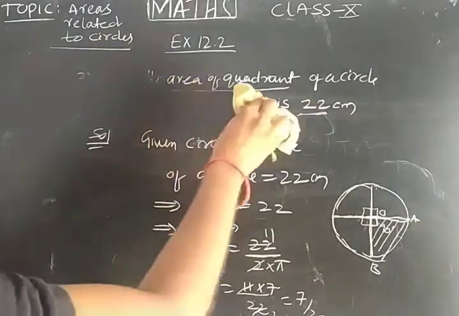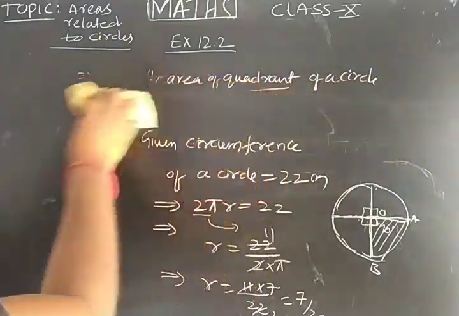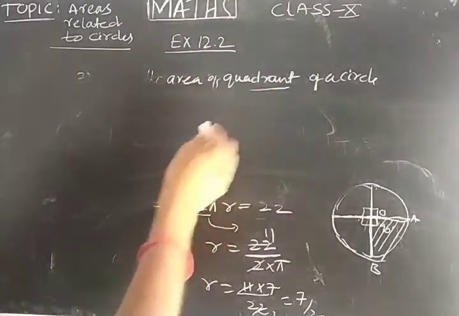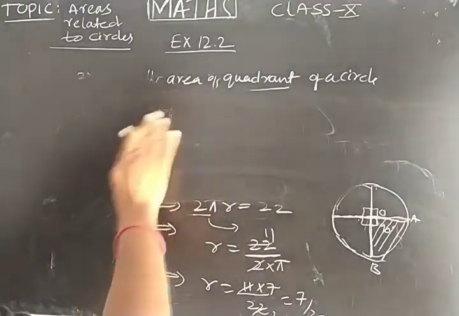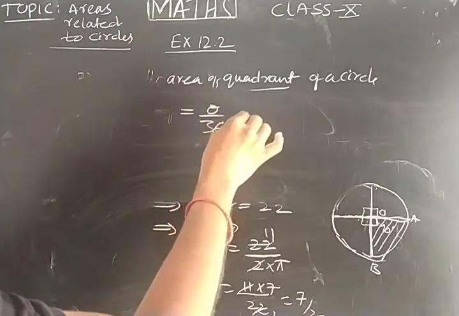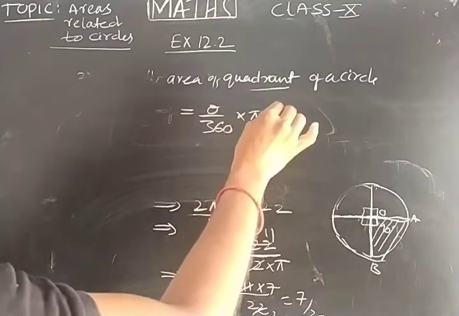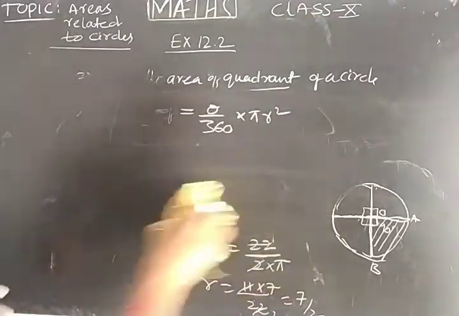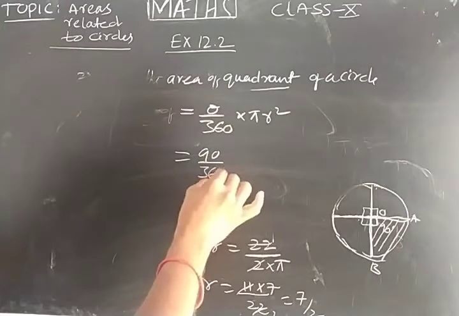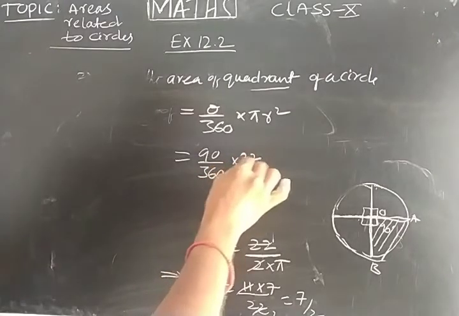So I am going to find the area of the quadrant. Area of a quadrant of a circle is equal to theta by 360 into pi r square. Now theta value is 90 degrees by 360. Pi value 22 by 7.